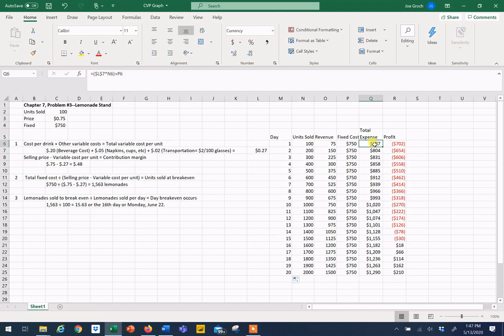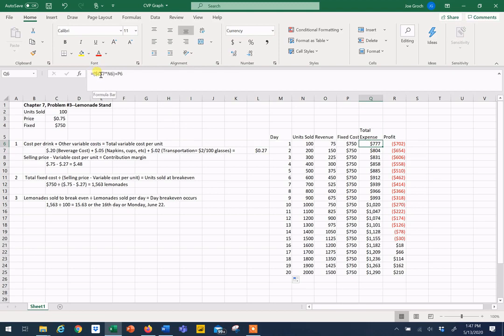And then we're going to take our total expenses. This gets a little more tricky. We know our total expenses is our variable cost plus our fixed costs, right? So what we're going to do is get our variable costs by taking L7, which is going to remain constant, and that's our variable cost per unit.